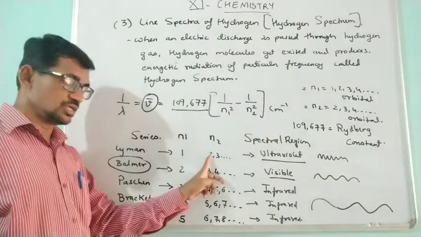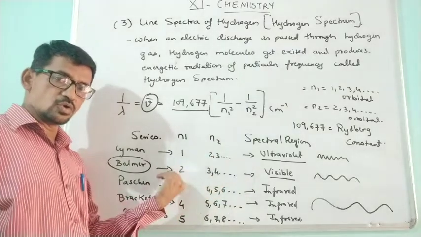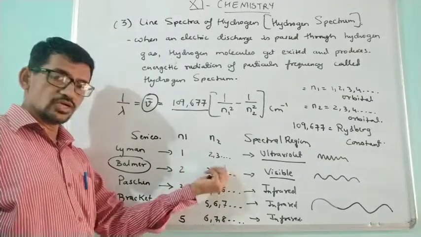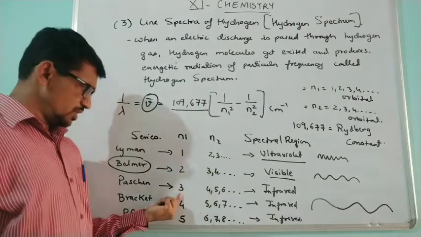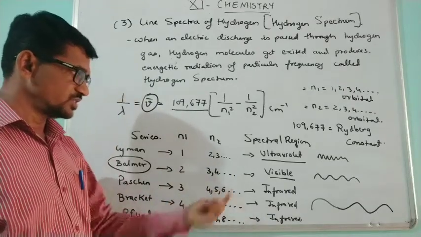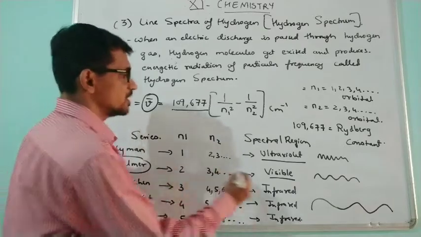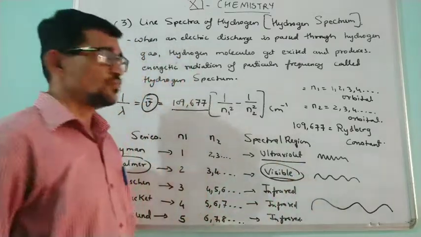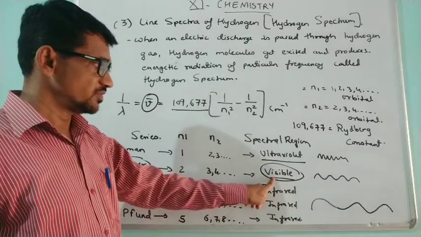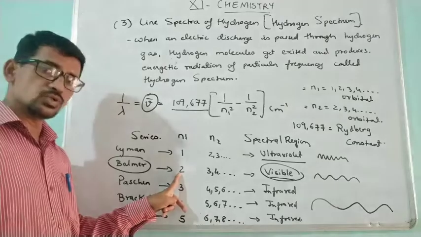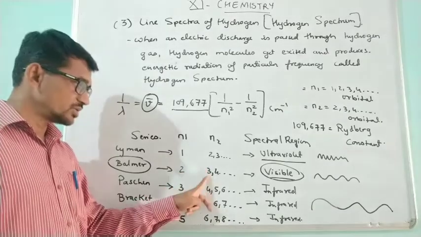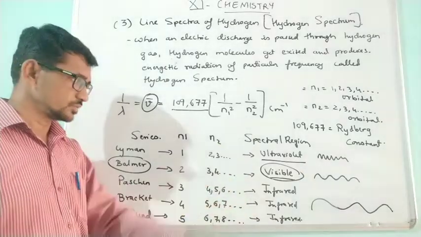So if ni is 1, then nf is 2, 3, and it drops back to 1. From 3, 4 it drops back to 2. And the third one, Paschen, is 4, 5, 6. In the Balmer series we have the visible region, with ni equal to 2 and nf may be 3, 4, 5, 6 onwards.